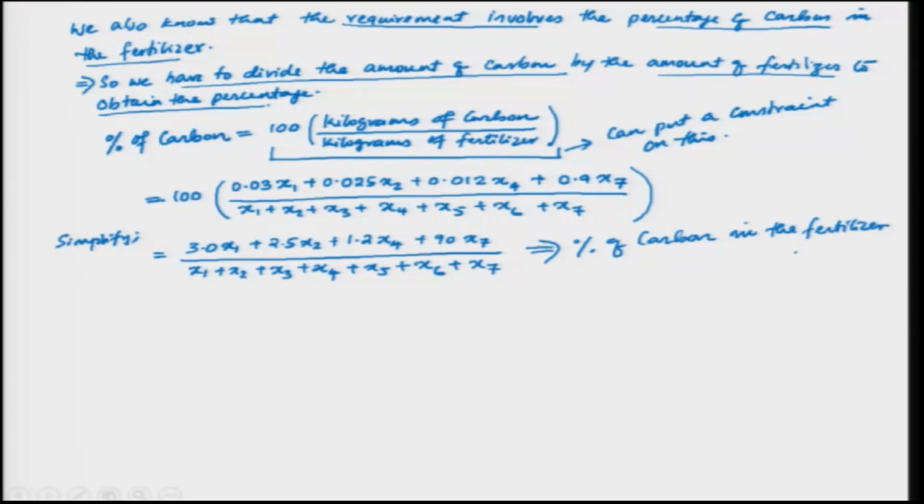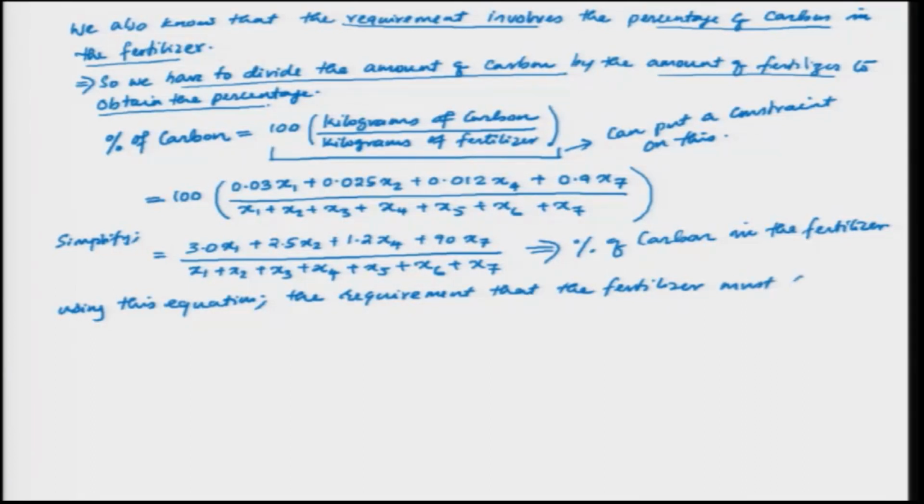Now we know that using this equation, the requirement that the fertilizer must contain between 0.5 percentage to 1.25 percentage of carbon translates into, so how can we write that?